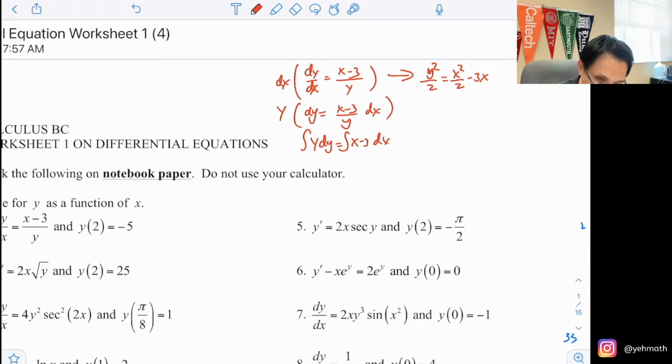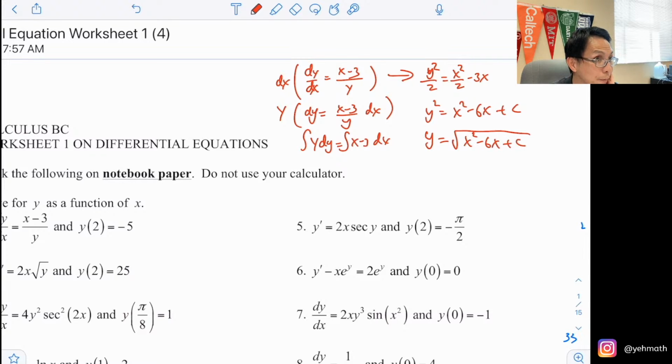Now I'm going to multiply both sides by 2. y squared is equal to x squared minus 6x plus c. Ethan, wake up. This is the part that people always screw up here. y is equal to the square root of x squared minus 6x plus c.